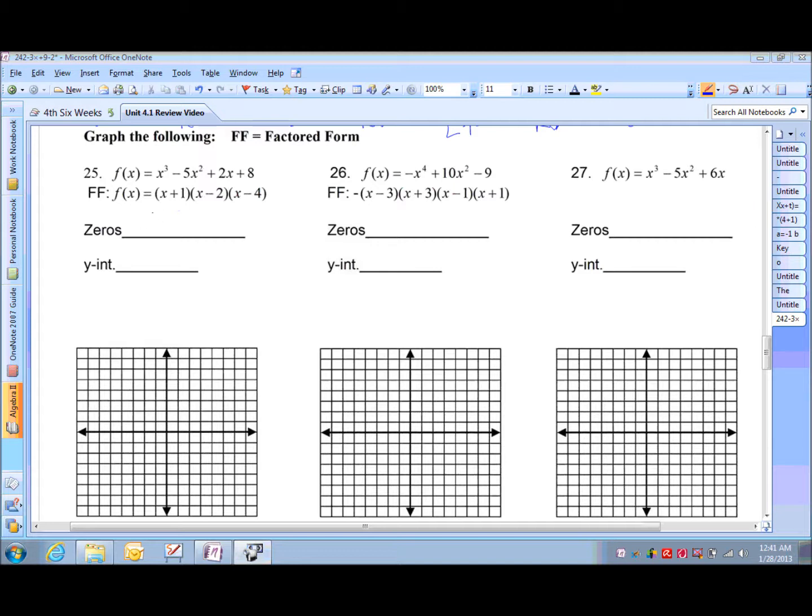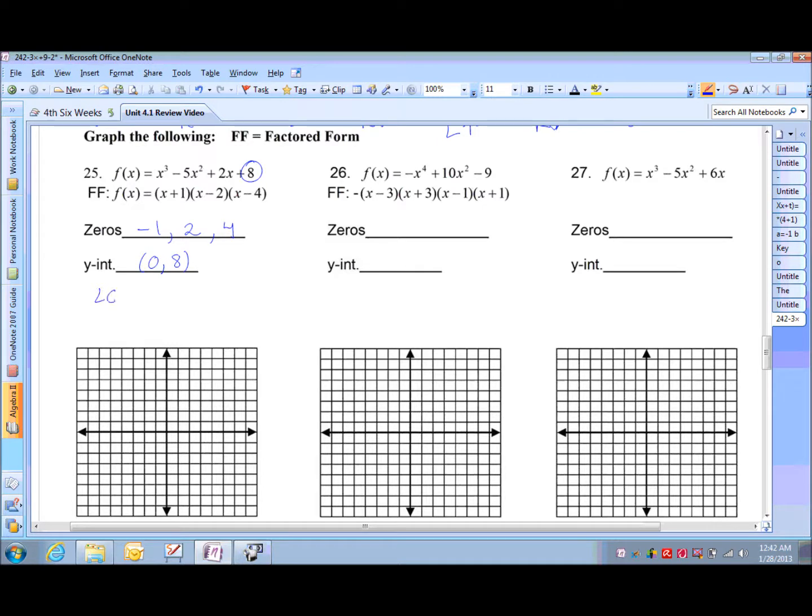So, I've told you that this is the factored form of the polynomial they'd like us to graph. Our zeros are any x values that make our factors equal to 0. So in this case it's -1, +2, and +4. Our y-intercept is going to be 8, or (0, 8) in ordered pair form.